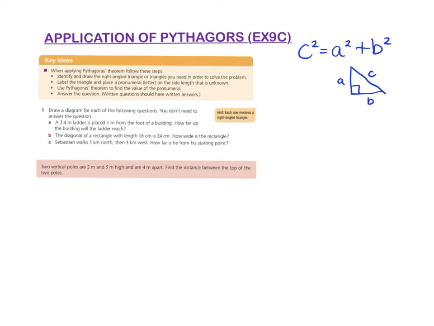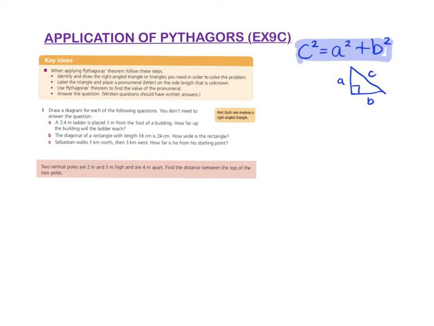All right, so let's read through what they're telling us to do with these applications. It says, when applying Pythagoras' theorem, so this is Pythagoras' theorem over here, just means the rule, follow these steps. Identify and draw a right angle triangle or triangles you need in order to solve the problem. Label the triangle and place the pronumeral letter on the side length that is unknown.